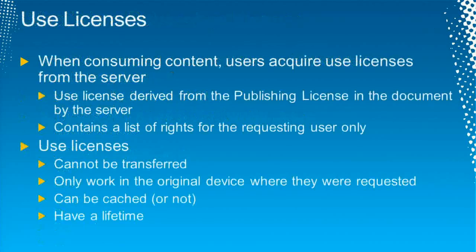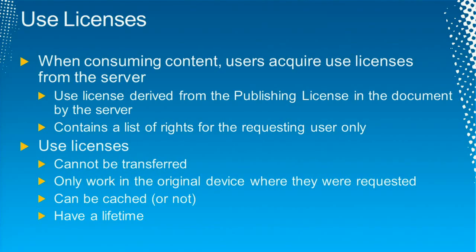All right. The next part is the end-use license. When you're consuming content, remember, you're getting an end-use license back. The PL is what the publisher of the content creates, and the use license is what the consumer of the content gets back. The use license is derived from the publishing license and the document from the server.